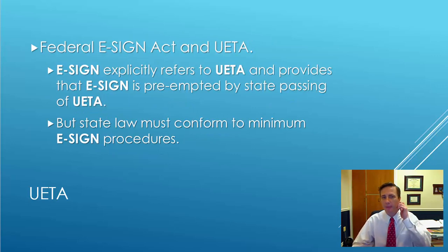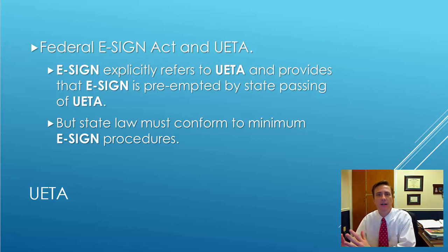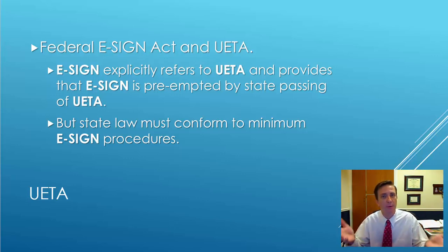So I mentioned in the beginning of this unit that there's a little overlap between eSign and UETA. What do we do in that case? Well, the eSign came actually after UETA was already making the rounds, and it said that if a state adopts the UETA and conforms to the minimum eSign procedures, then the UETA will preempt the eSign Act. That means normally a state law and you have a federal law, normally what happens?